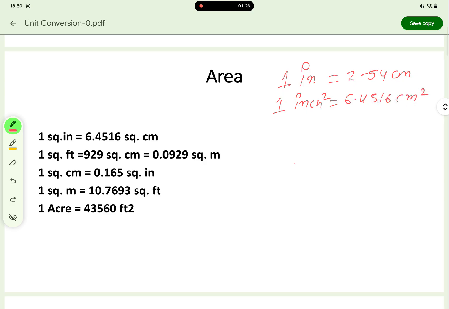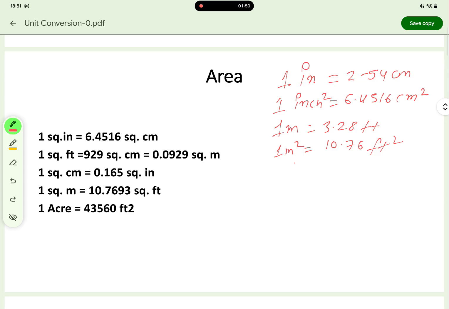And you also know that 1 meter is equal to 3.28 feet. If you square both sides, you will get 1 meter square is equal to 10.76 feet square.